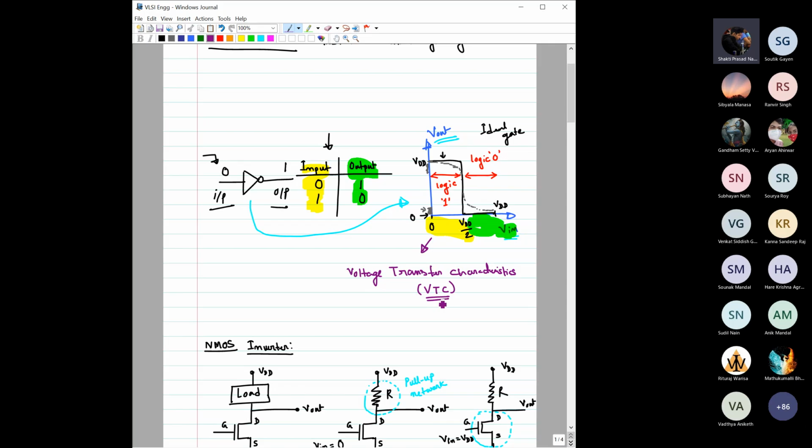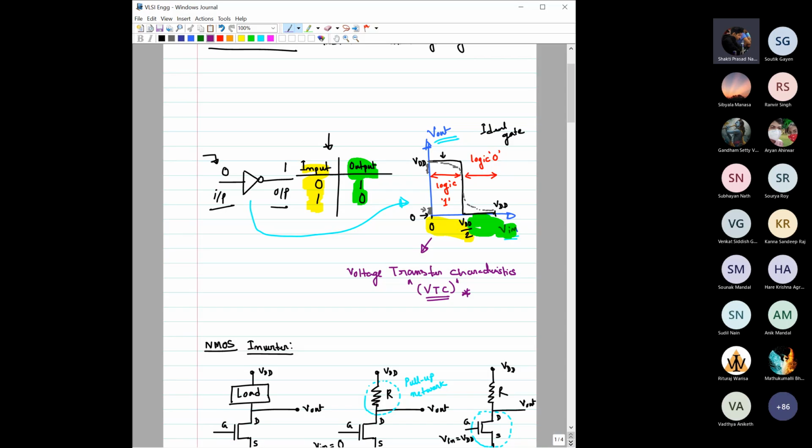Please note this term, VTC, because in this course we will be using it again and again. Even in the question paper, you might see the term written like that. You should understand that VTC stands for voltage transfer characteristics. Basically, it is the output versus input characteristics. Sometimes it is also called the DC transfer characteristics.